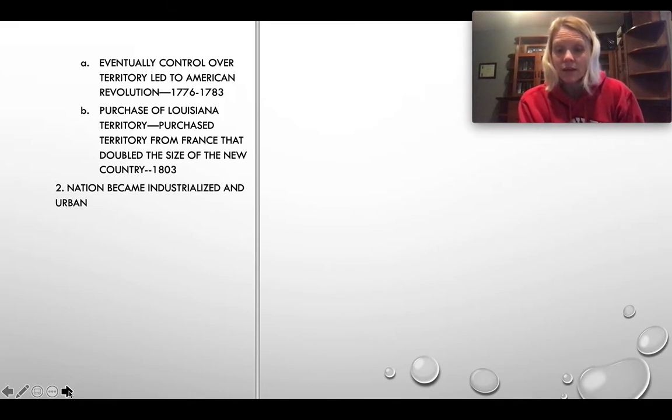When the nation is essentially doubled in size, it becomes very industrialized. We go through what we know as the Industrial Revolution, where things are being invented and people are coming up with more efficient ways to make things for technology. And we became also very urban because the centers of these industrialized and technologically advanced areas were in the cities, which makes sense, right?